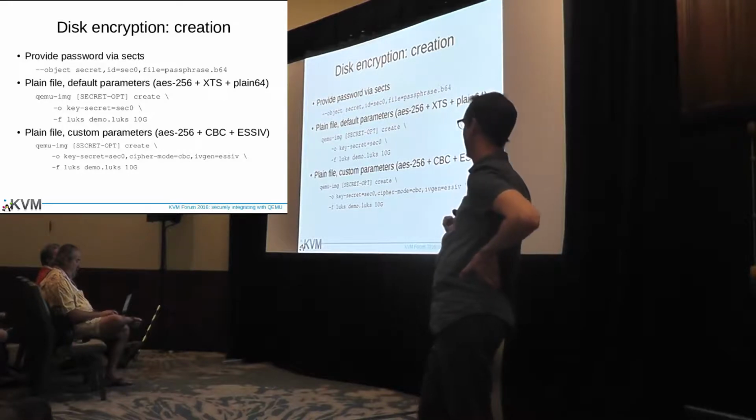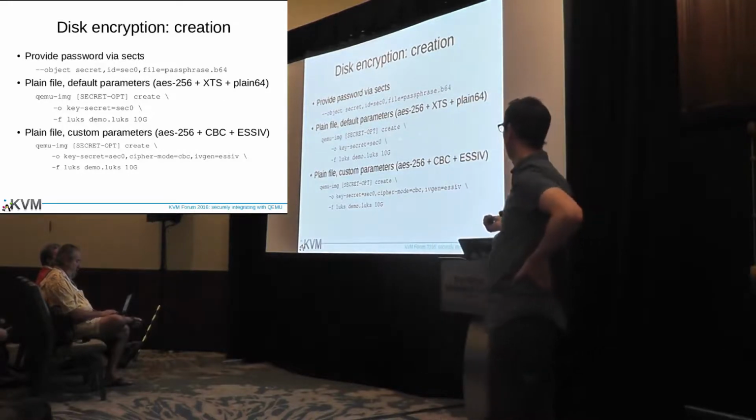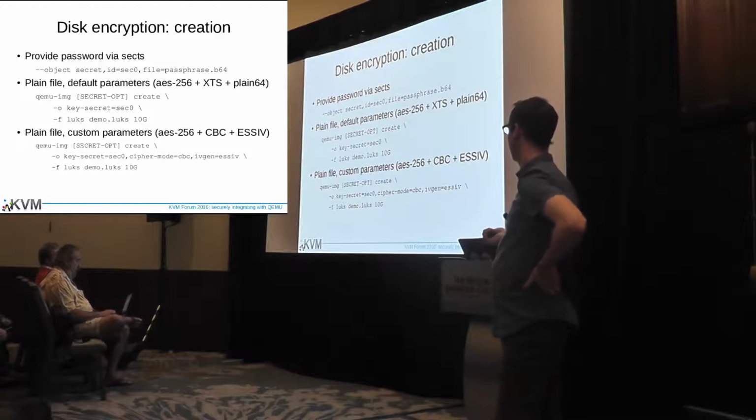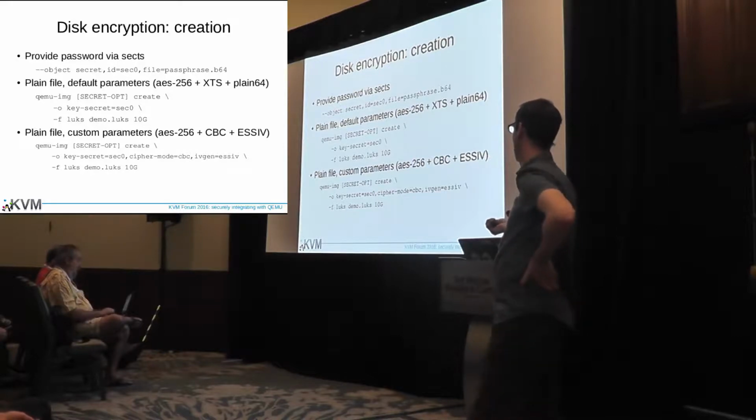Then, using the QEMU image tool, the create command that you'll know about already. You have to provide the ID of the secret that has the password, and tell it that you want to create a LUKS encrypted format image, and then just the file name and the disk size.